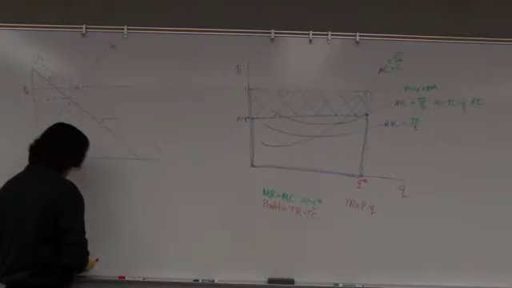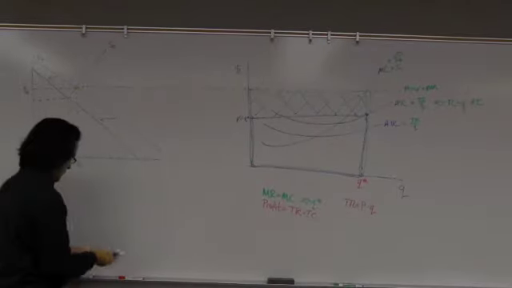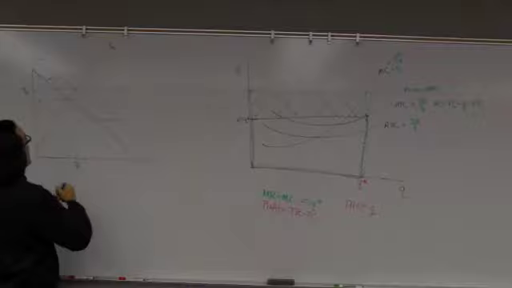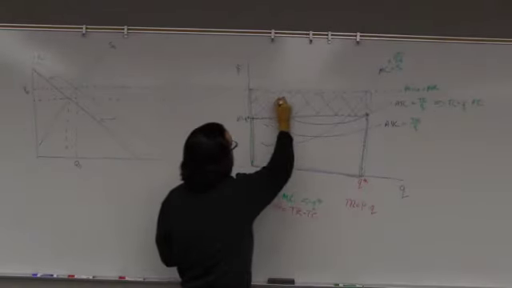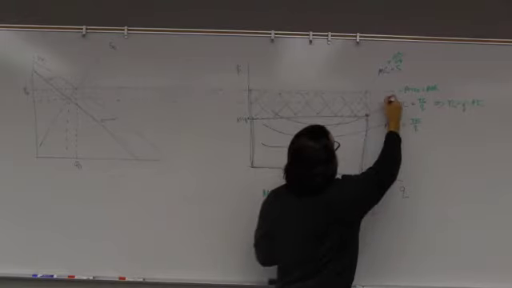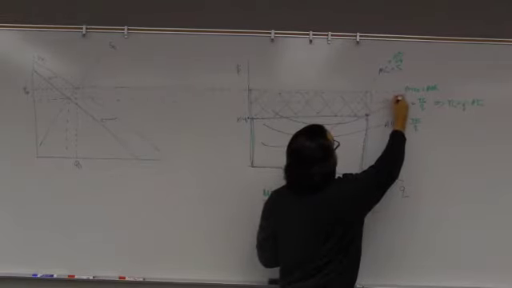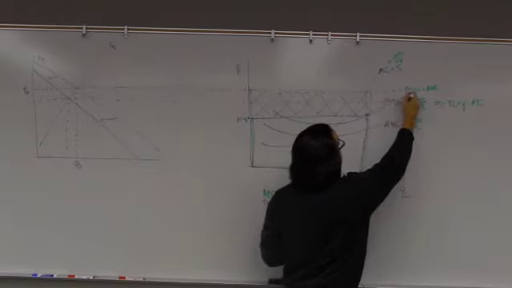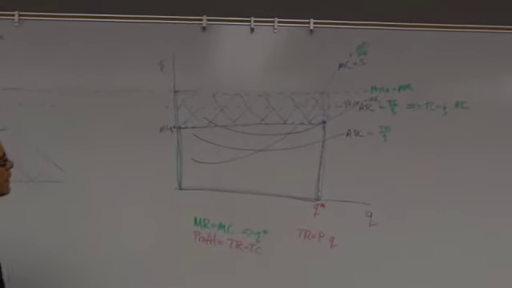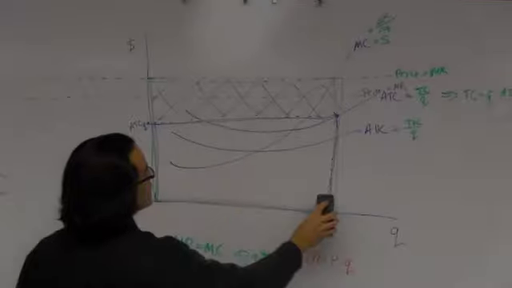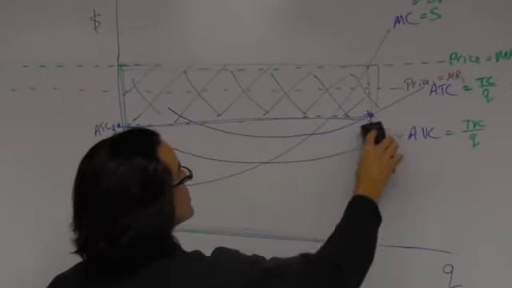Covering these things up, we'll start saying, okay, we've got a new market price, and a new marginal revenue line. And I know this is a little messy, but we'll just erase this.